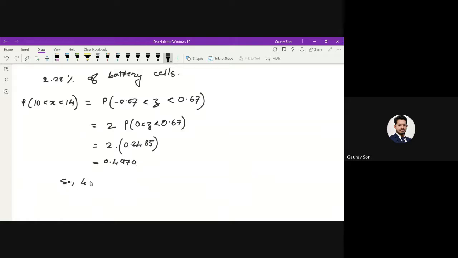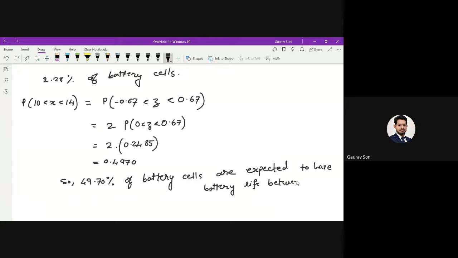So 49.70% of battery cells are expected to have battery life between 10 and 14.